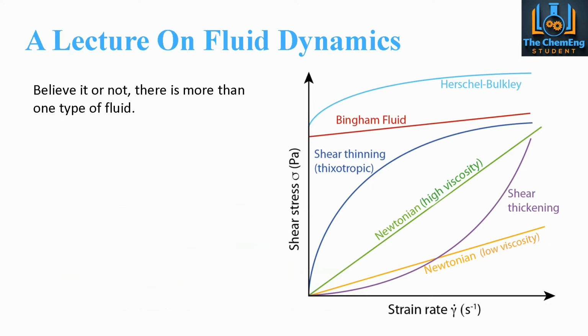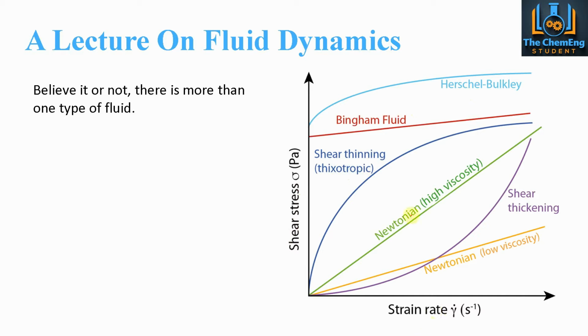But here we have Bingham fluids, shear thinning fluids known as thixotropic, shear thickening fluids, and we even have what's called a Herschel-Bulkley fluid. So there are tons of different fluids, and it's based on this plot of shear stress against shear rate.